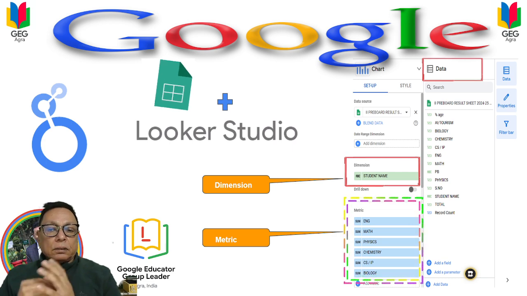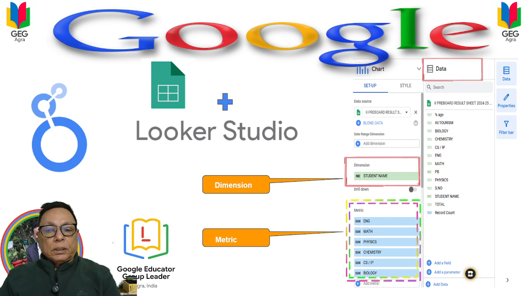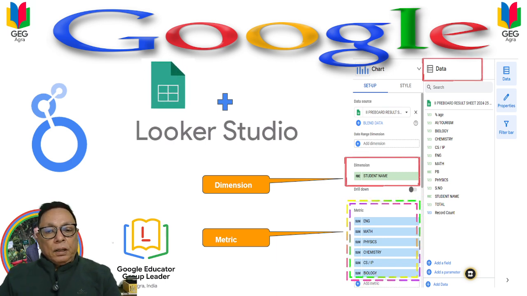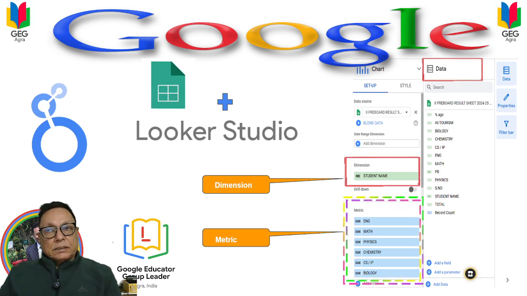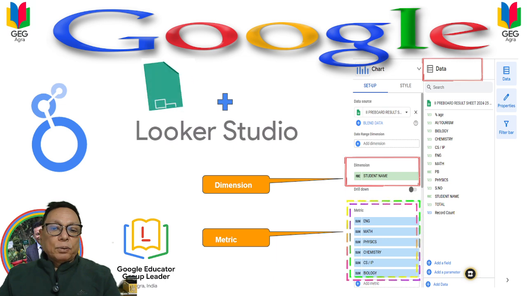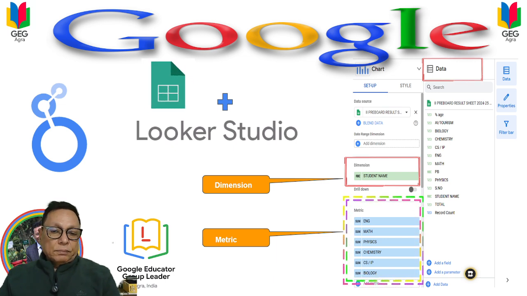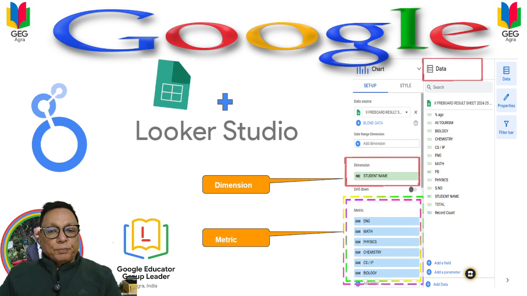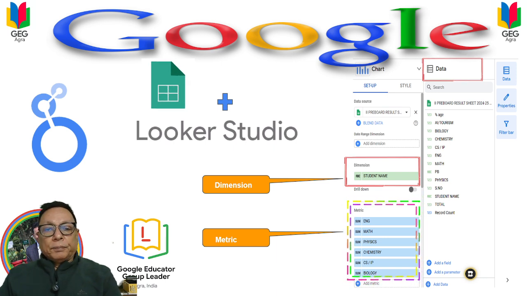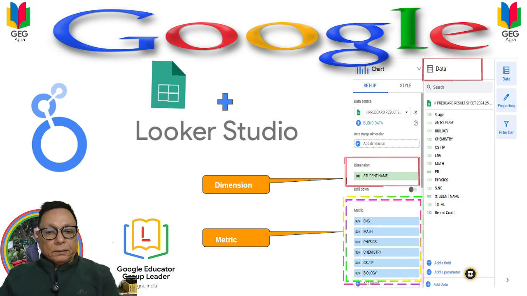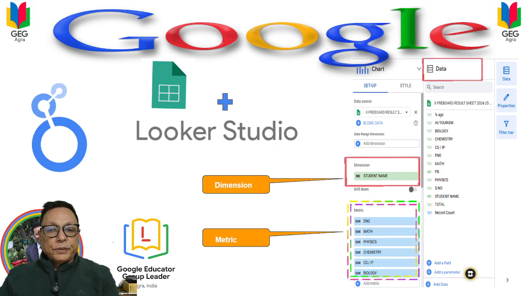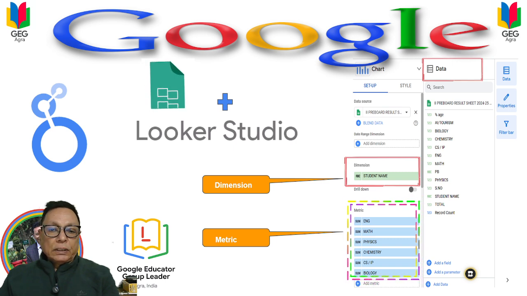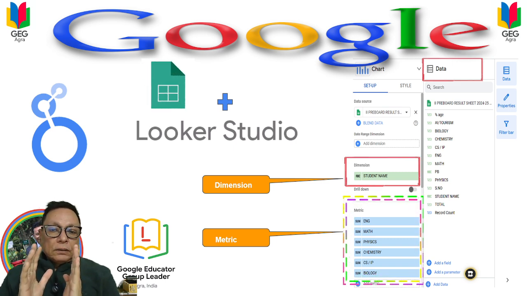In this Looker Studio, I'm going to take the data source as Google Sheets. As I had discussed, I showed a report on a Google Sheet, and this was a report on the examination. But when you create any report using Looker Studio, the first thing is that you have to have the data source.